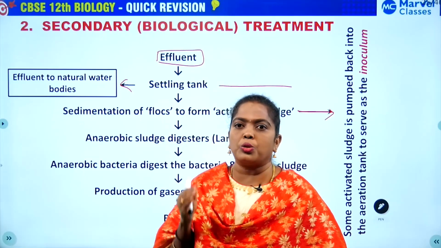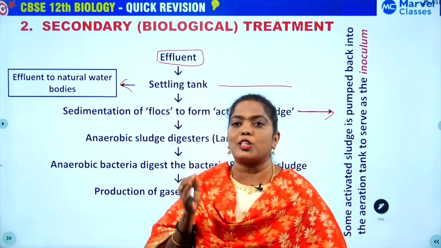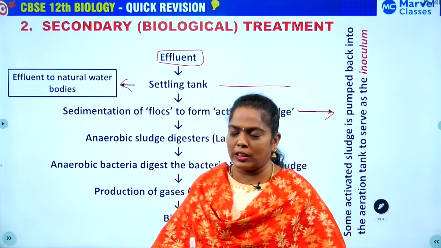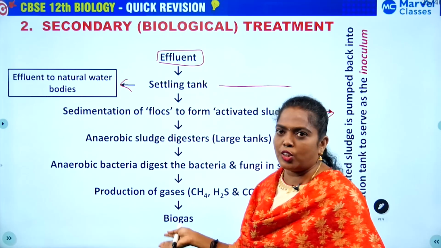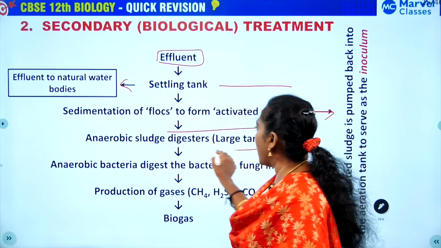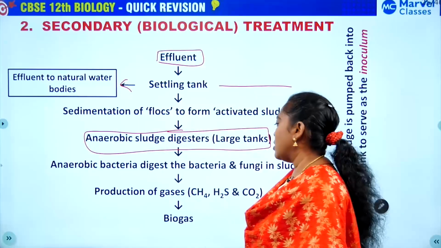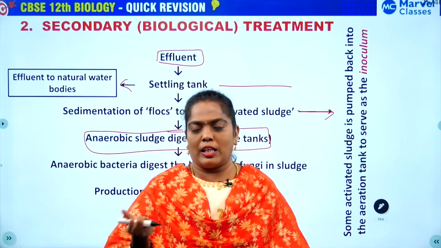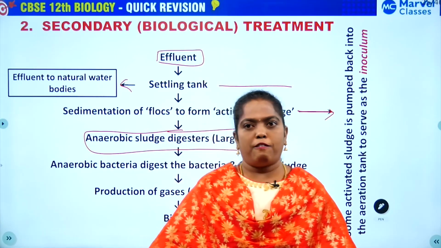Now we are going to send this sludge. This sludge is known as activated sludge, because this sludge contains what? Flocs, isn't it? So that's why it is known as activated sludge. Then we are going to send this to the anaerobic sludge digester, and from there we will get the biogas. And even that sludge, after getting the biogas, you can use as a biofertilizer.